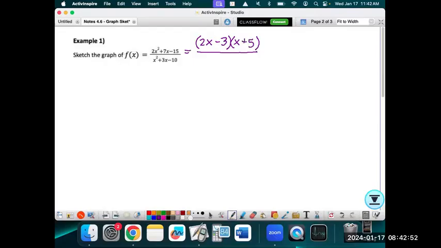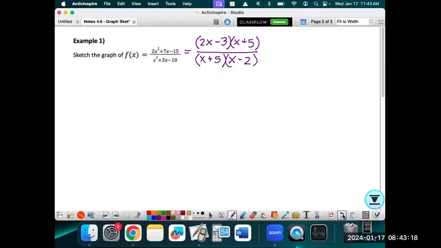But double checking, I get 2x squared plus 10x minus 3x, which gets me my plus 7x, and then negative 15. In the denominator, the constants need to multiply to negative 10 and add to 3. So that would be positive 5 and negative 2.